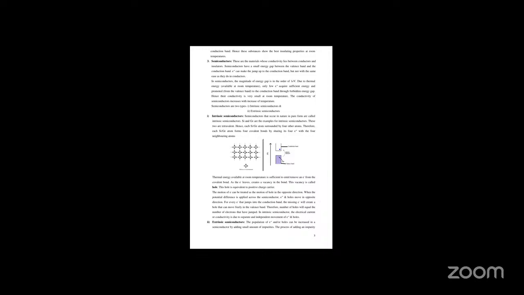In intrinsic semiconductors, electron promotion from the valence band to the conduction band takes place, hence they are semiconductors. Then there are extrinsic semiconductors. If it is in pure form, it is an intrinsic semiconductor. If it is in impure form, it is an extrinsic semiconductor. How do we get impurities in the material?